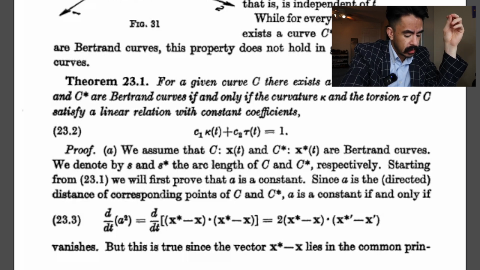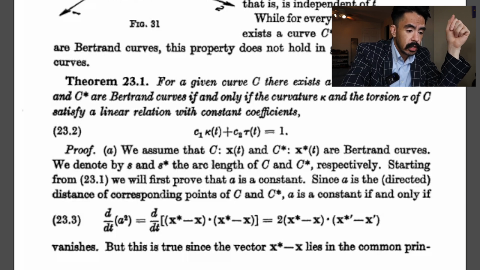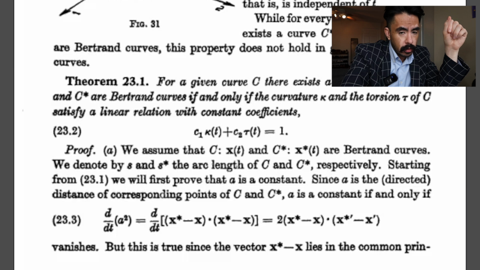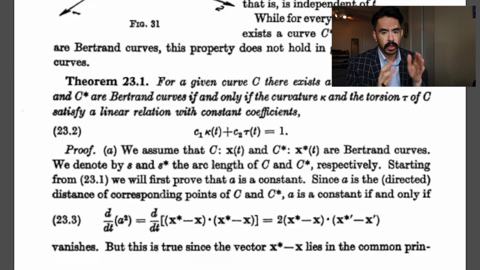So starting from the formulaic representation of involutes, we will first prove that A is a constant. Since A is the directed distance of corresponding points of C and C star, A is a constant if and only if the following relation holds: d dt of A squared, the derivative in terms of t of A squared, equals d dt of the quantity (x star minus x) dot product with (x star minus x).